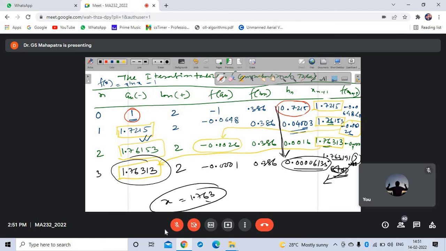Fine. Okay, now just for one query. Say this f of 1.76319 is equals to say 0.3815, let us say positive.